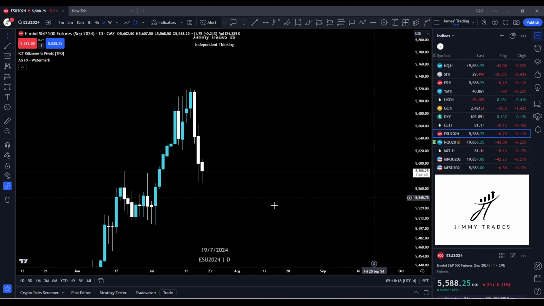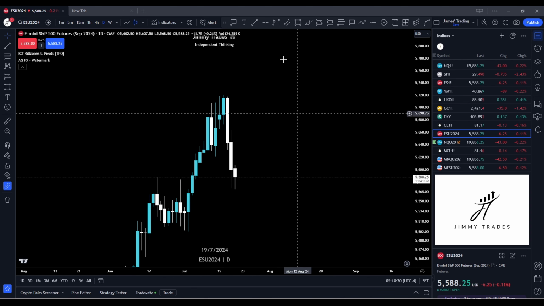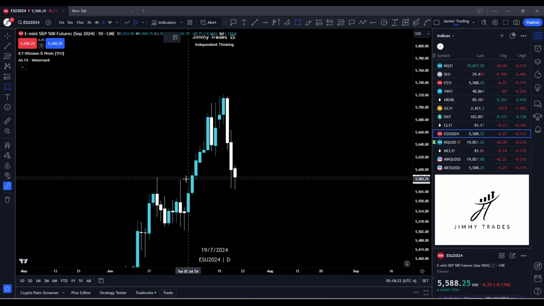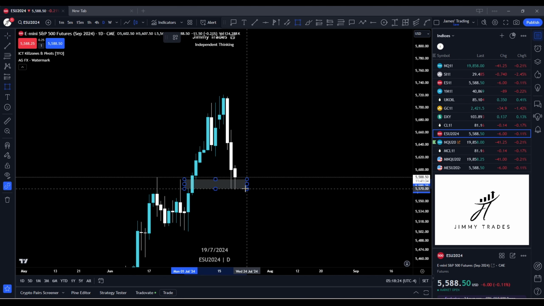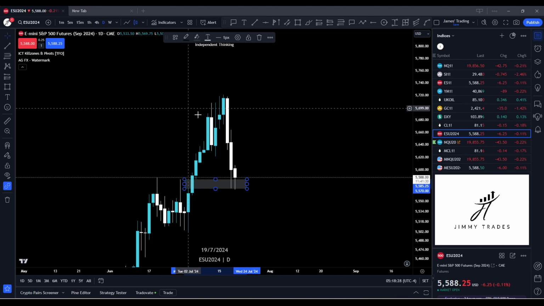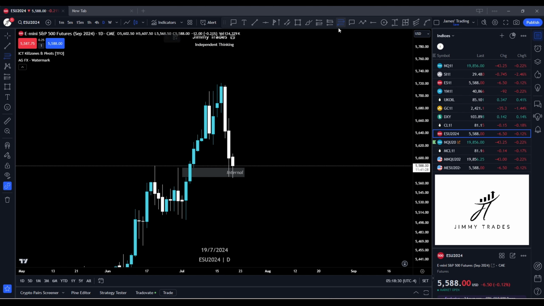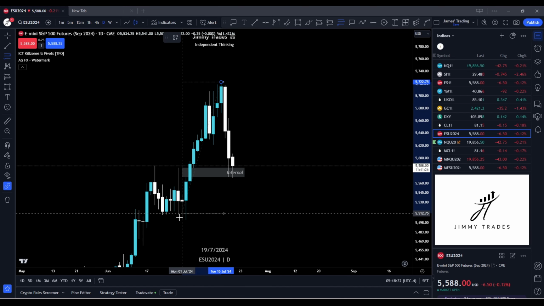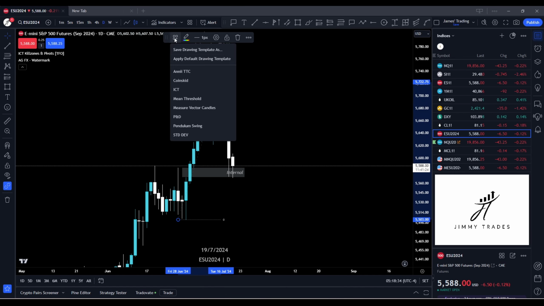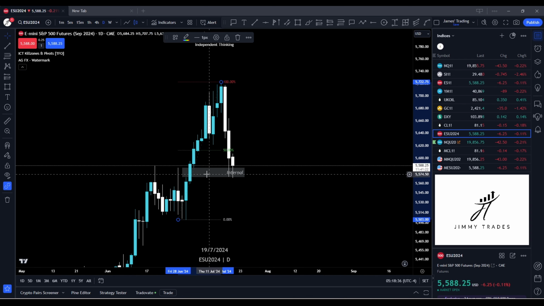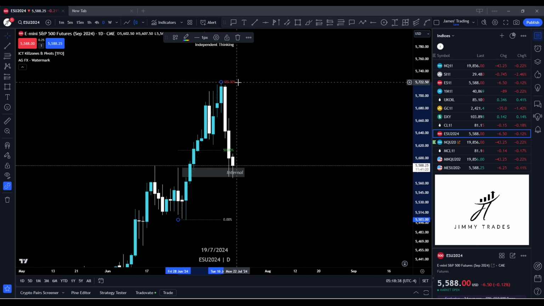So here we are on the daily. So price came into internal, which was a nice level there because that was in a discount level as well of this dealing range.